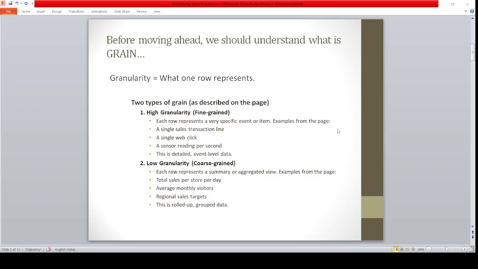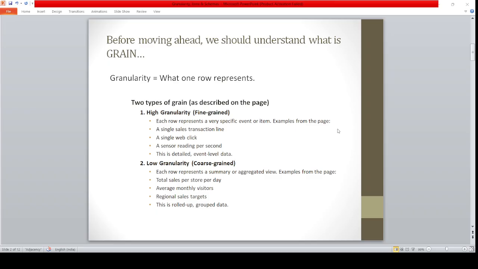If the grain is in a very detailed format, like sales per region per year per country, or sales per transaction with region, sales, quantity, it is very detailed, right? So it has high granularity.